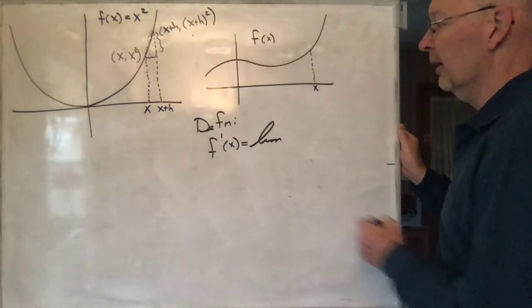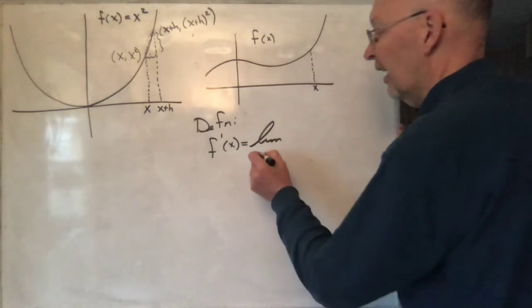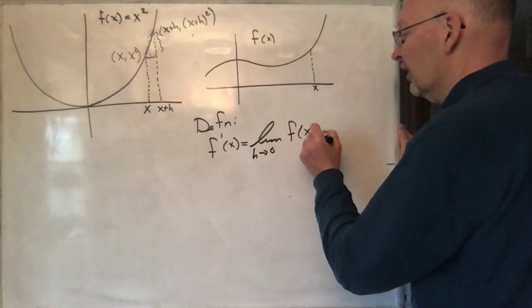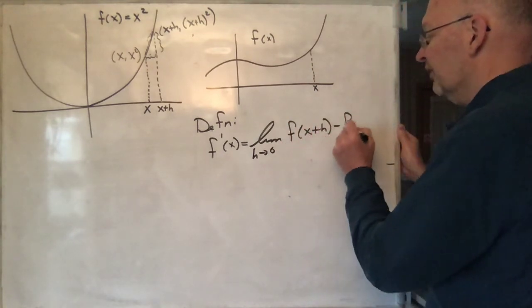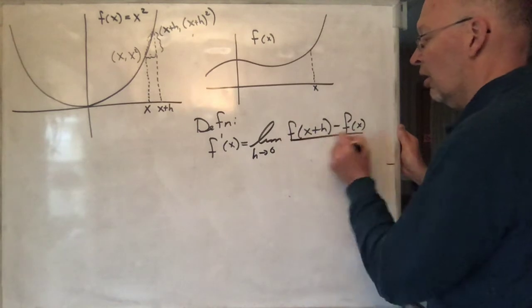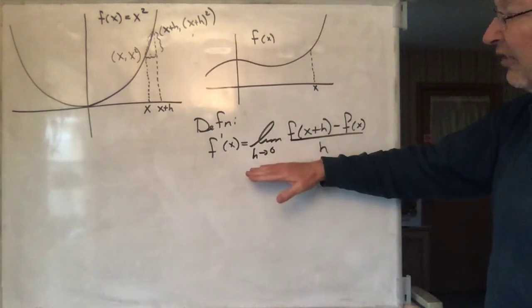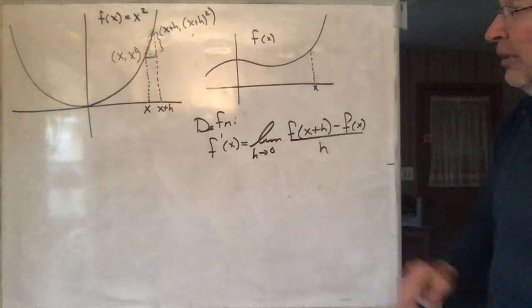We can use either one. I'm just going to write one of them down: as h goes to 0 of f of x plus h minus f of x, all over h. As long as this limit exists, then this is defined to be this.